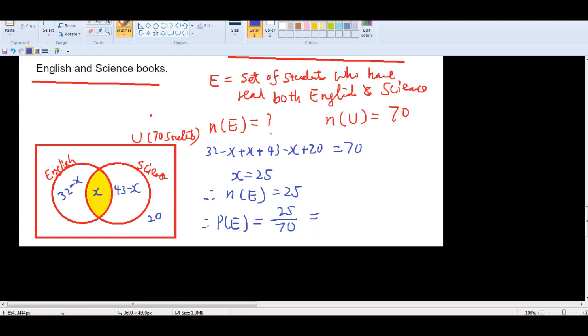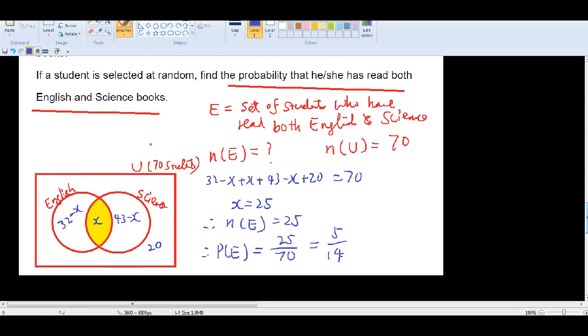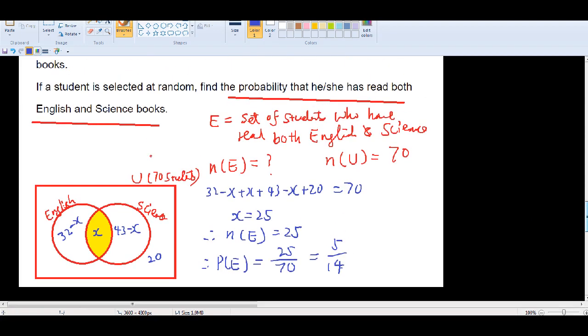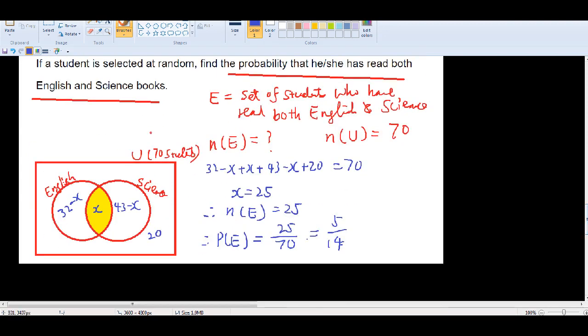That's the probability you're going to find: 5 over 14. If that's in paper 1, I think you need to express your answer as a fraction, because you can't use your calculator, right? All good? So that's the way we do it.